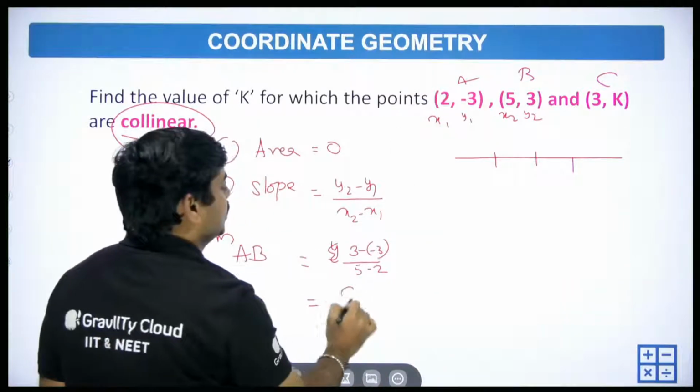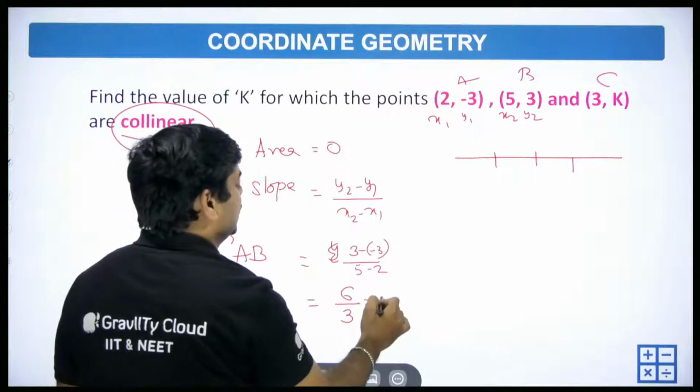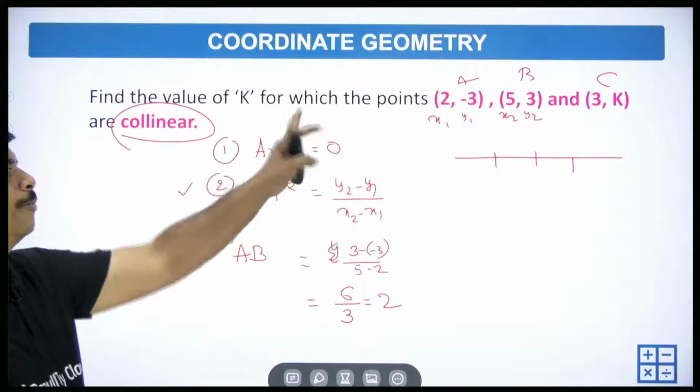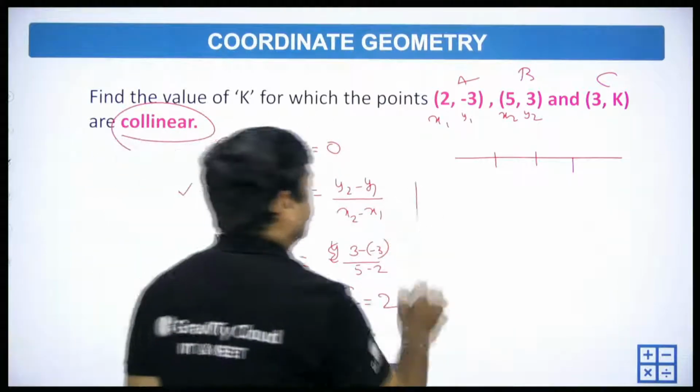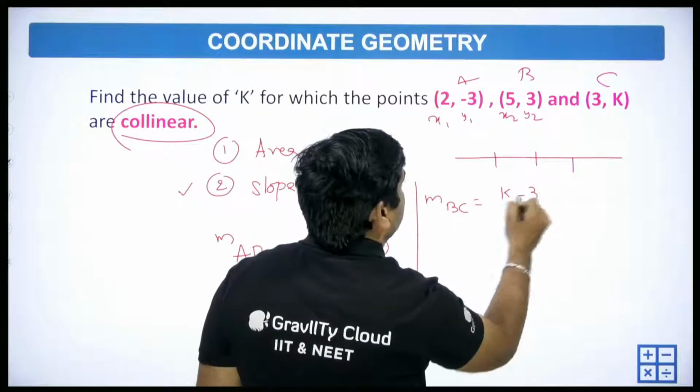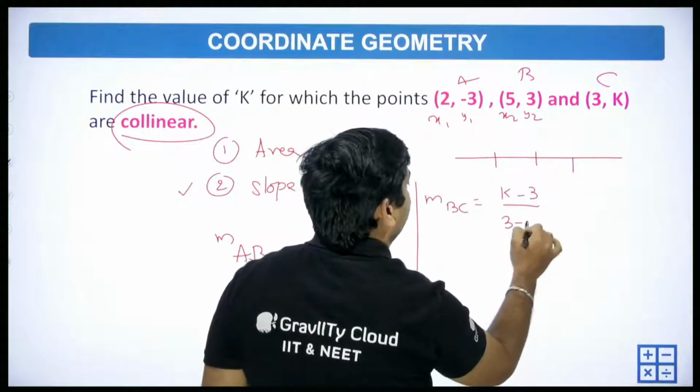So 3 minus of minus 3 is 6, by 5 minus 2 is 3. So 6 by 3. So what about the slope of BC? We'll get k minus 3 by 3 minus 5.